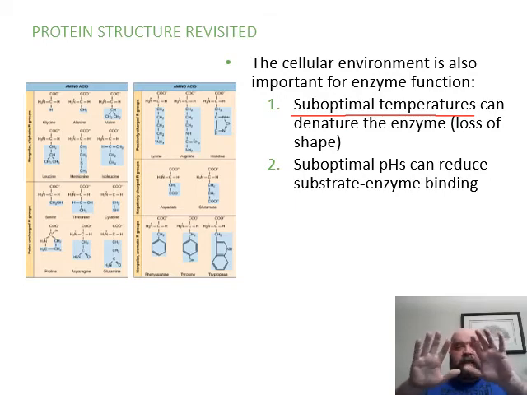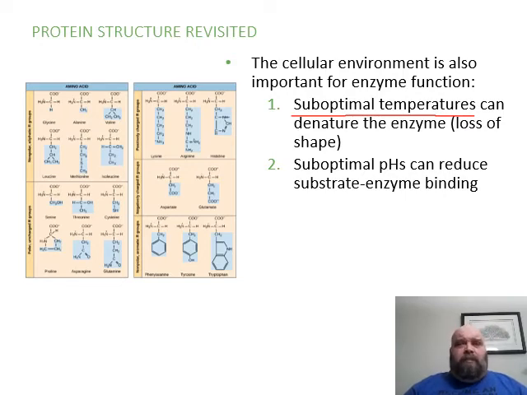The Brownian movement allows for things in a liquid to move. You lower the temperature, Brownian movement slows down. Things are slowly moving means that the substrates entering into the active site of an enzyme will be slowed down, which means the activity of the enzyme will be slowed down.